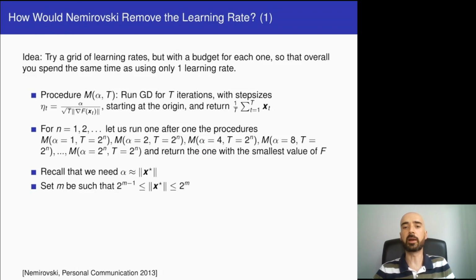Now, there is one alpha that will be the right one. What is the right alpha? The right alpha will be the one that is roughly the norm of the optimal solution because we start from 0. So set m such that the norm of the optimal solution is between 2 to the m minus 1 and 2 to the m. Okay, here we are assuming that the norm of the optimal solution is bigger than 1 for simplicity.